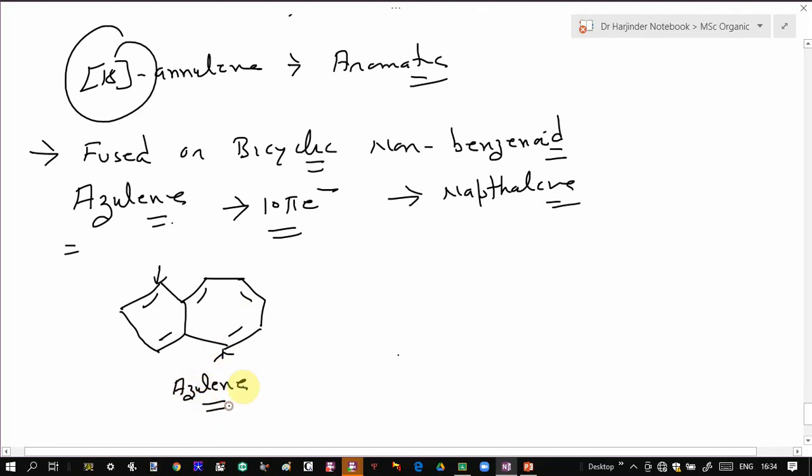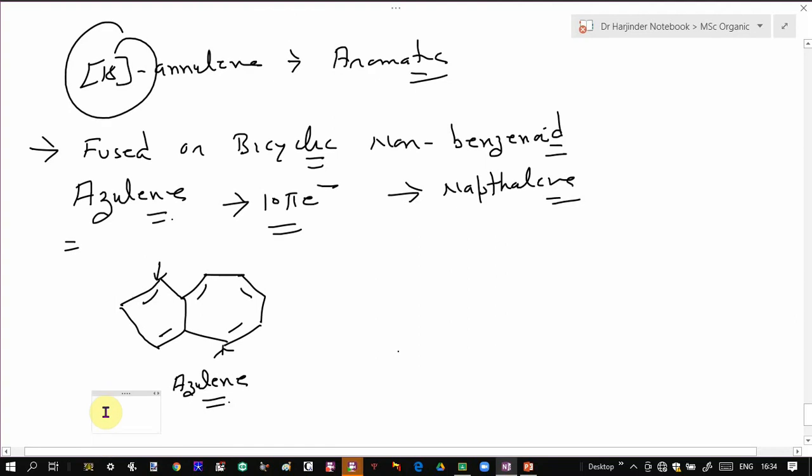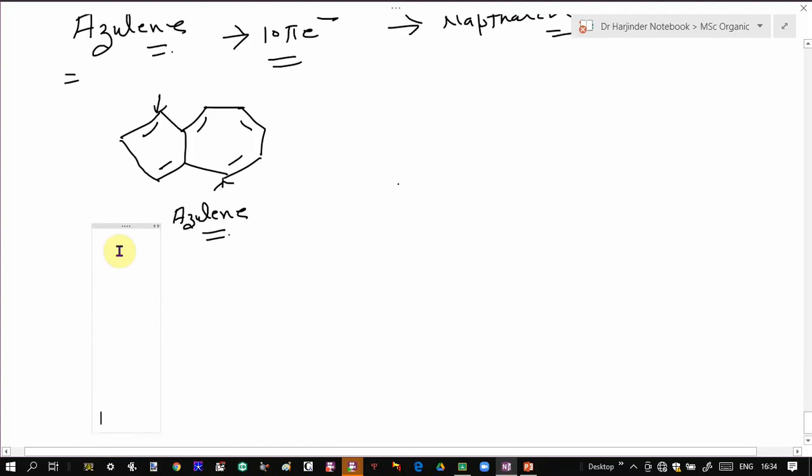Now, if we compare this azulene with naphthalene, the azulene molecule is a cyclic planar structure with delocalization of these 10 pi electrons, and at the same time it is a polar molecule. Naphthalene is a non-polar molecule.